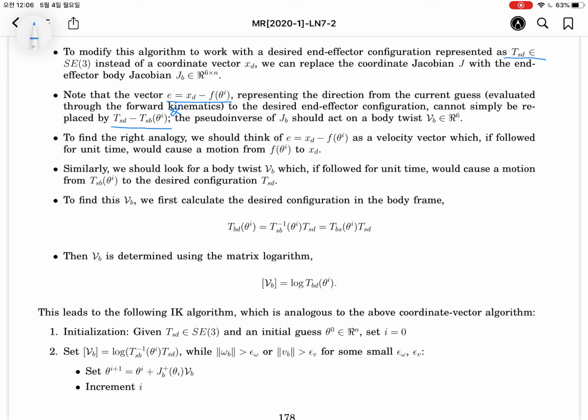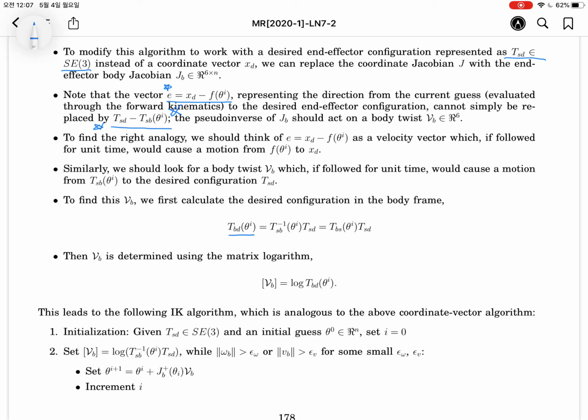Is it right? We have derived that T_SD belongs to SE(3) using the 16 numbers. So the error should be defined in a new form. So we will use the body twist instead of the error.